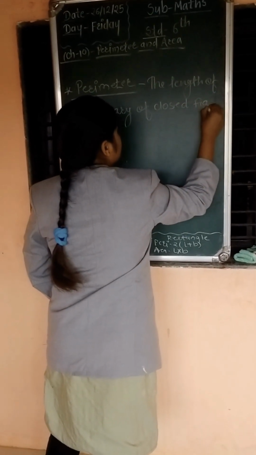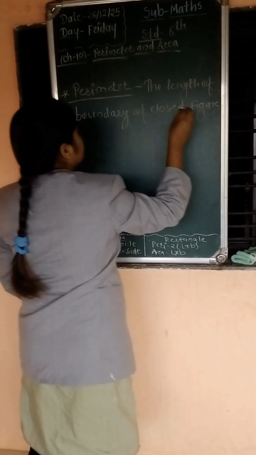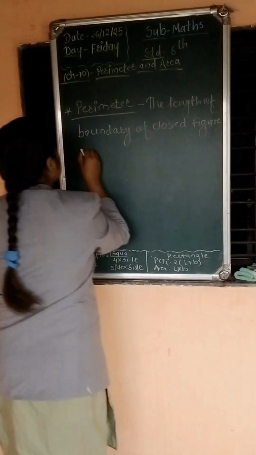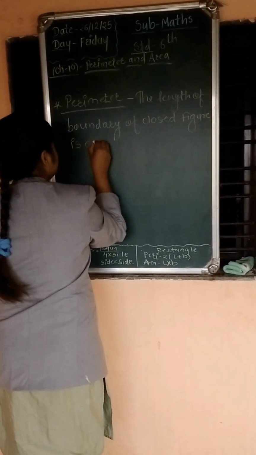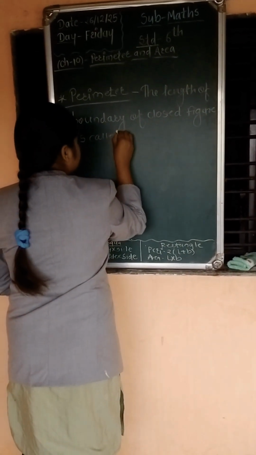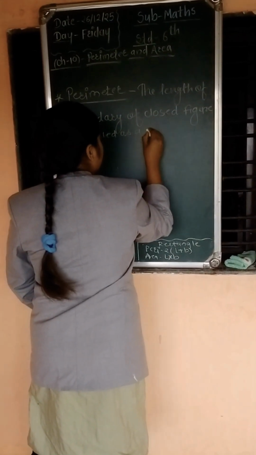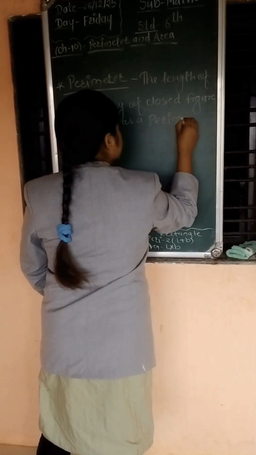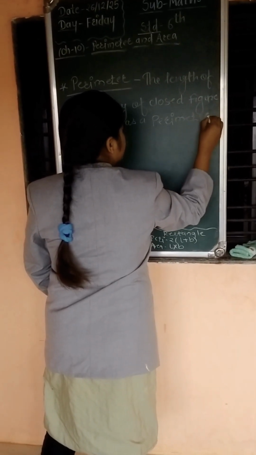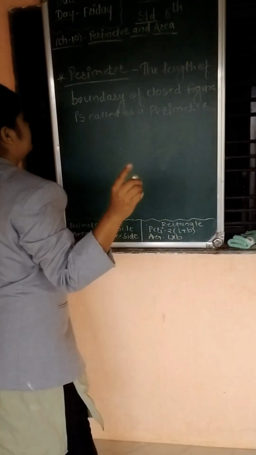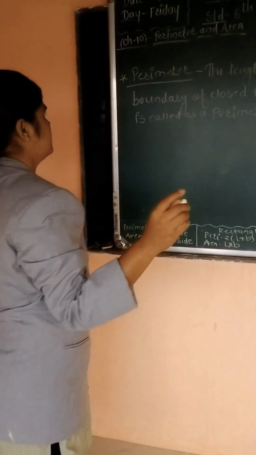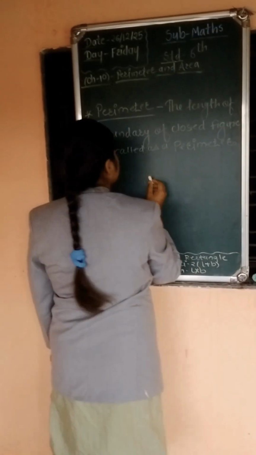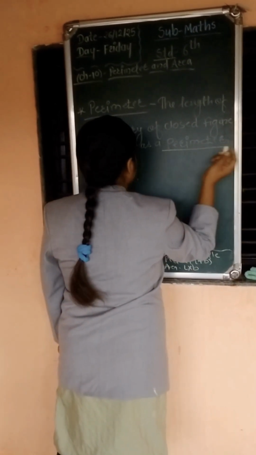So write down in your notebook that the length of the boundary of any closed figure is called a perimeter. It is very important for your examination. So please note it down in your notebooks. What is perimeter? The length of the boundary of any closed figure is called a perimeter.